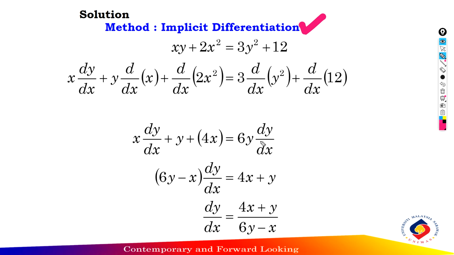You combine the dy over dx terms: 6y minus x, and the right hand side equals 4x plus y. So the first derivative dy over dx equals (4x plus y) over (6y minus x).